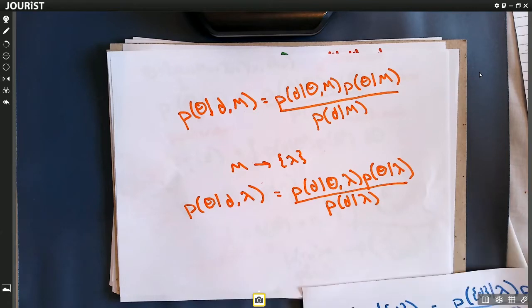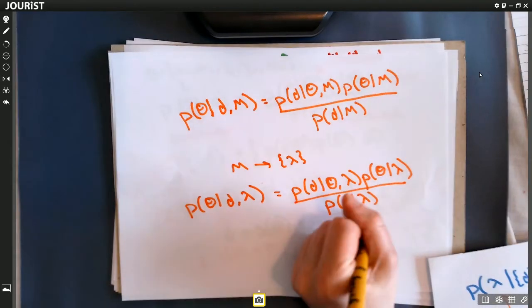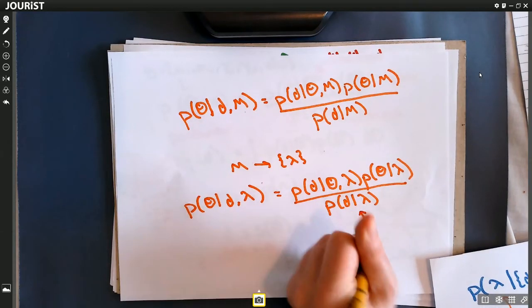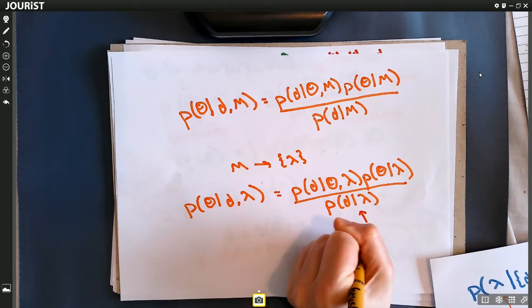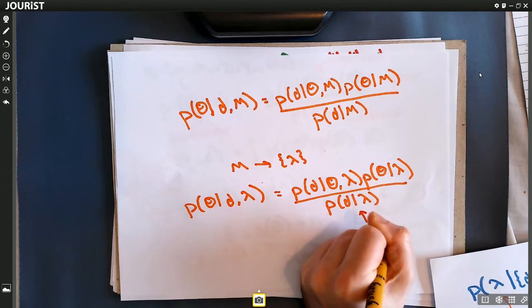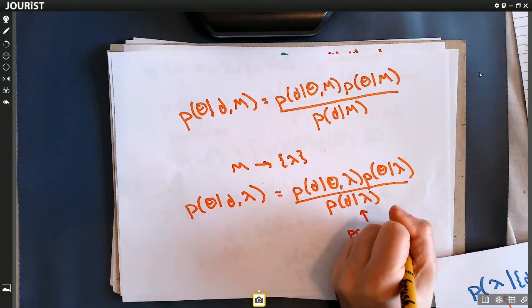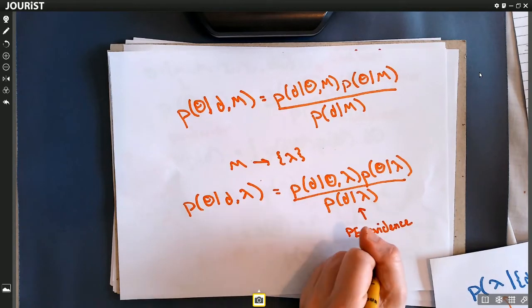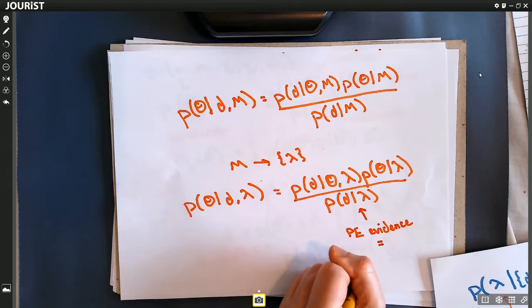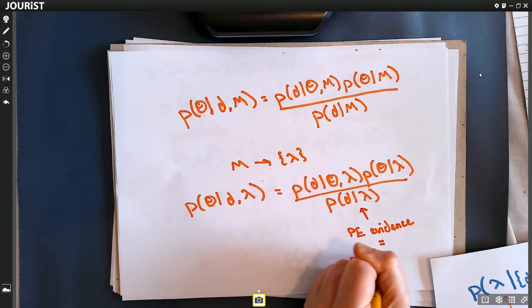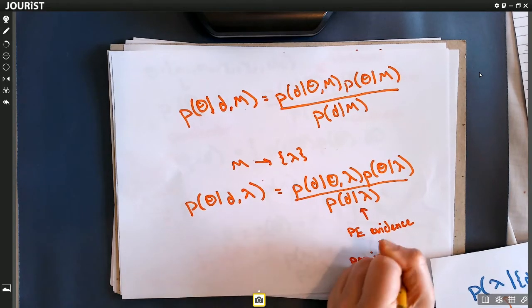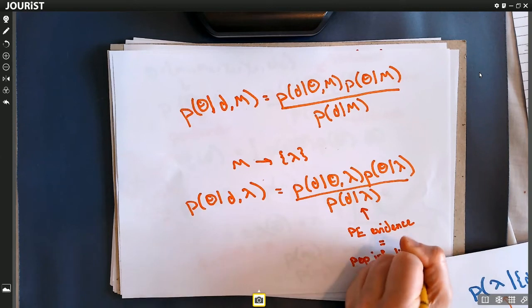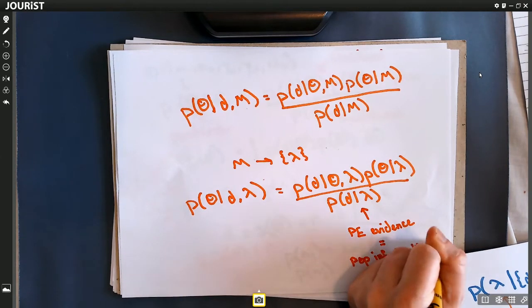So what is in fact the case is that our parameter estimation evidence becomes our pop inference likelihood.